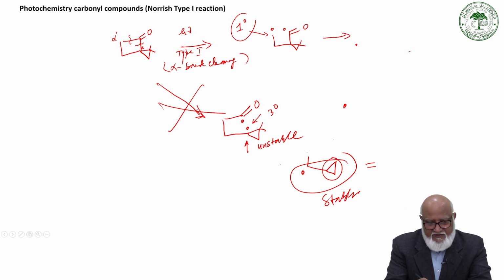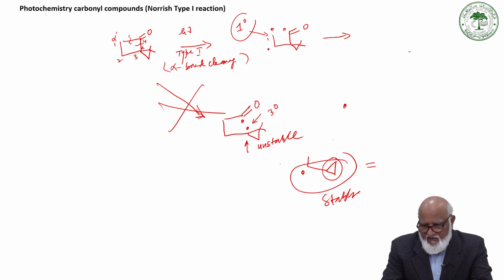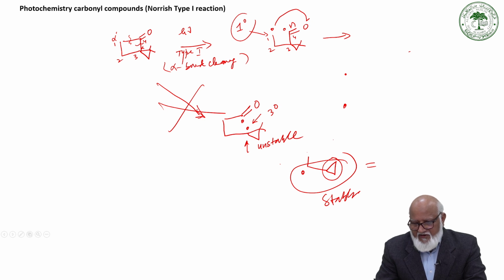So we can number this 1, 2, 3, 4, 1, 2, 3 and 4. This radical is going to attack here. The question is to write only the ring expansion product, so this will attack here. Oxygen is part of the ring. This is 1, 2, 3, and this is 4.